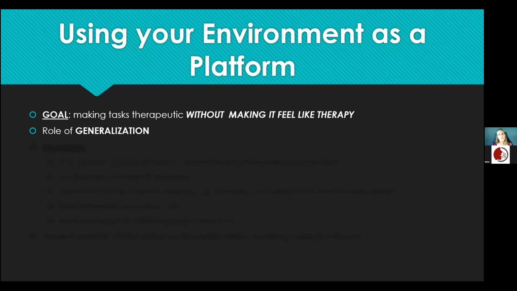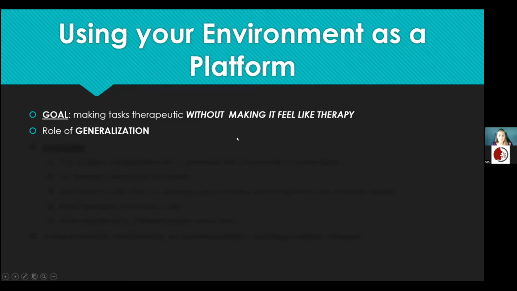So sometimes the skills that we're working on in our therapy rooms are not always being transferred outside to our real life. And so if we are practicing these skills in our natural environments, in a variety of settings with a variety of people, then the likelihood of those skills improving and staying that way is even better. So again, I think you get some more bang for your buck here.